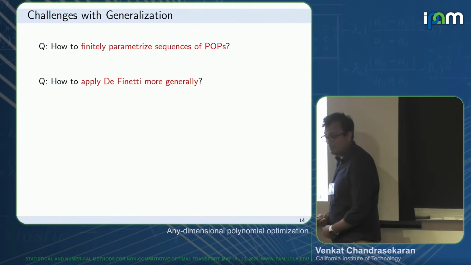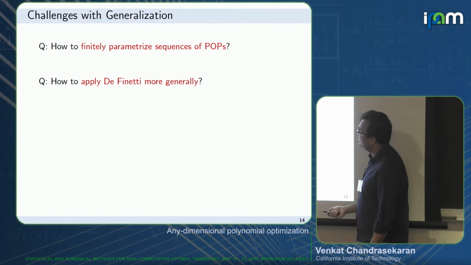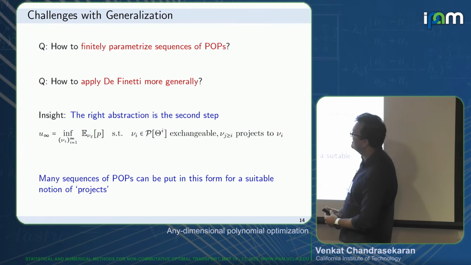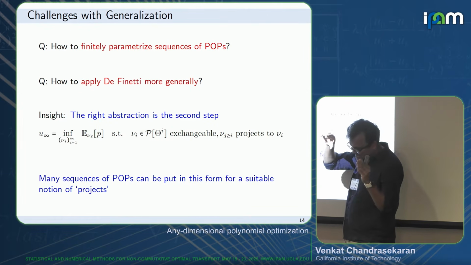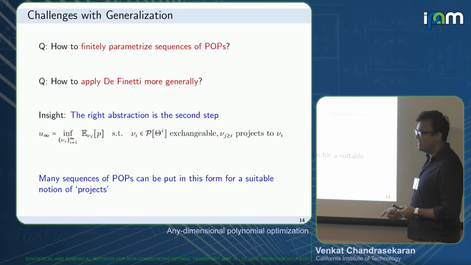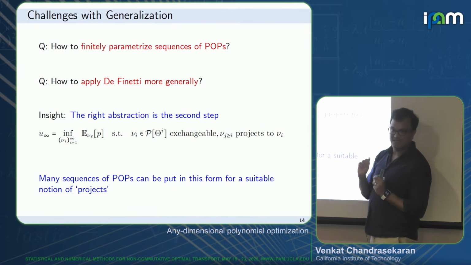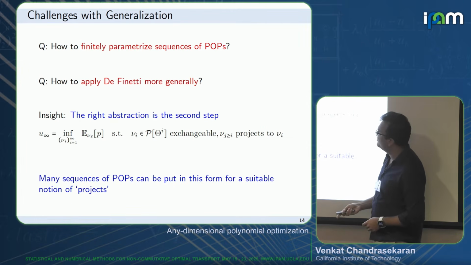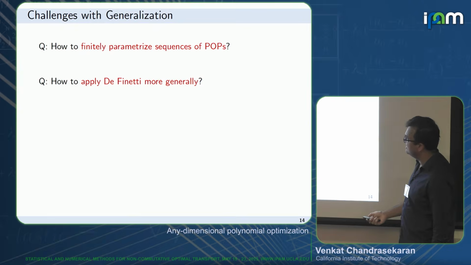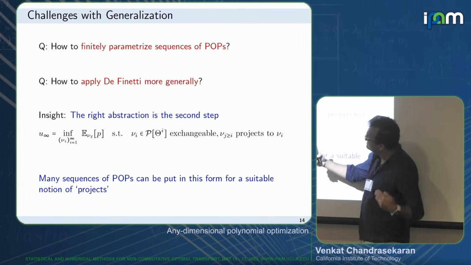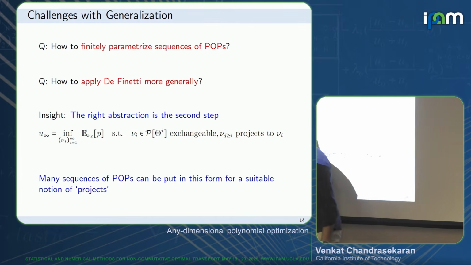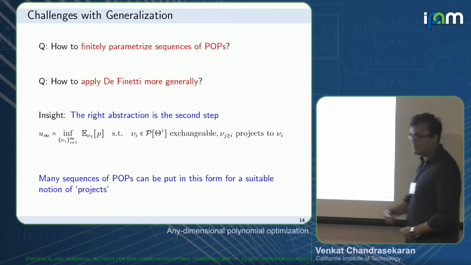How do we apply de Finetti more generally? It turns out that the key insight in this entire exercise is that you can take a sequence of polynomial optimization problems, and in these 4 steps that we had, the right abstraction is the second step. The second step, if you recall, was post the application of de Finetti, where you take these any-dimensional POPs, the sequences of POPs, and you can reformulate the limiting optimal value as an optimization problem over sequences of measures.